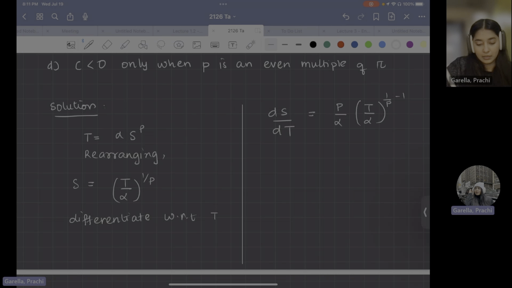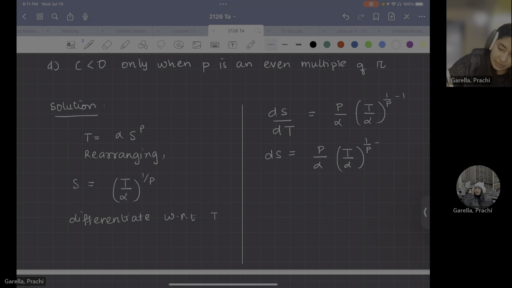Okay. And if we find the expression for just dS by rearranging, we just get T over alpha to the power 1 over P minus 1 times dT.